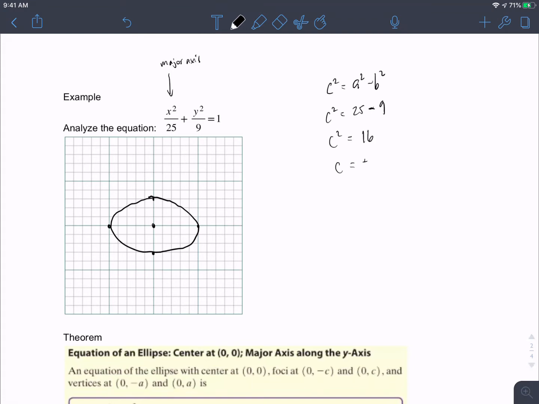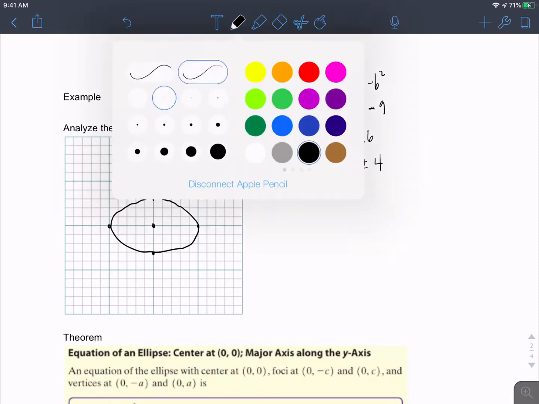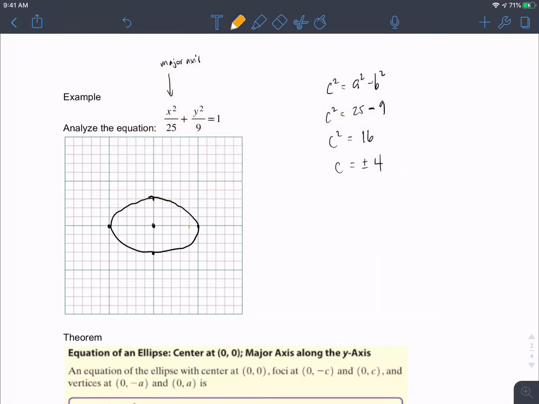So c is equal to plus or minus 4. The focal points are at plus and minus 4. This guy and this guy, they are the foci, and this is the major axis.